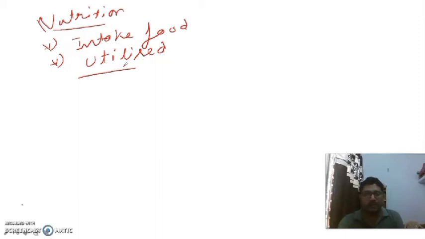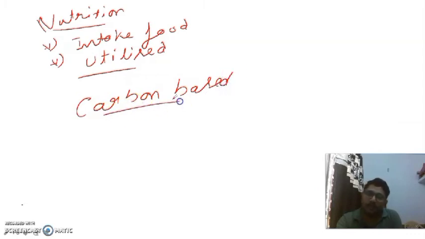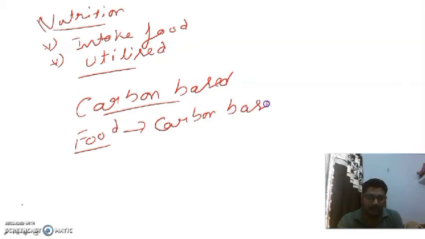But we know that all the organisms are made up of carbon. That means most of the organisms are carbon based. So the food which we take in is also carbon based. As you have studied in your 8th standard, the different kinds of nutrients, that is carbohydrates, proteins and vitamins, are all made up of carbon as the basic source.